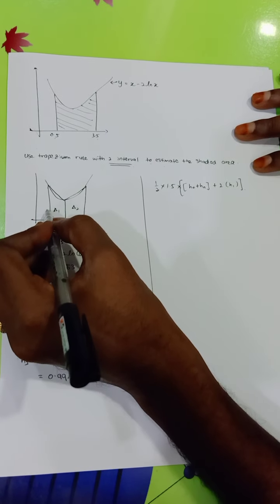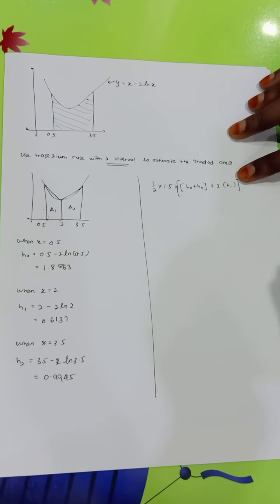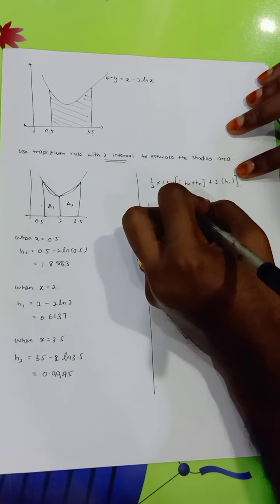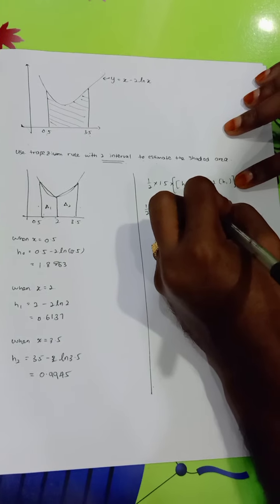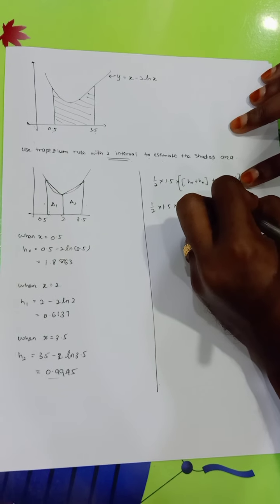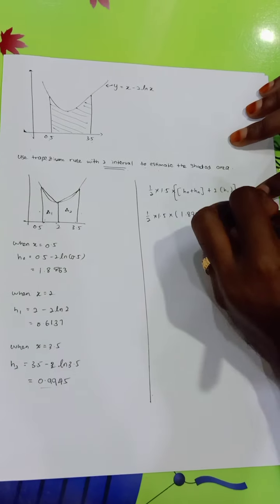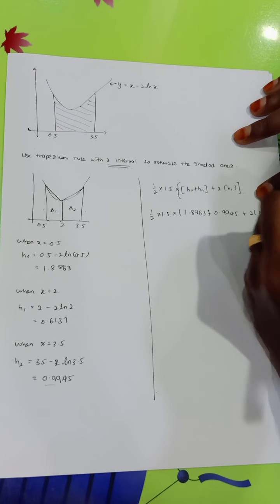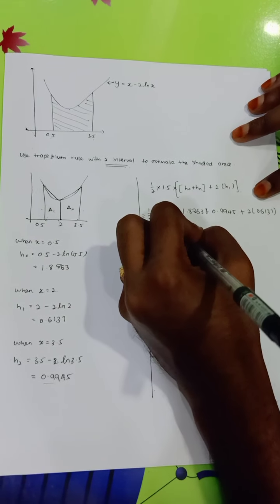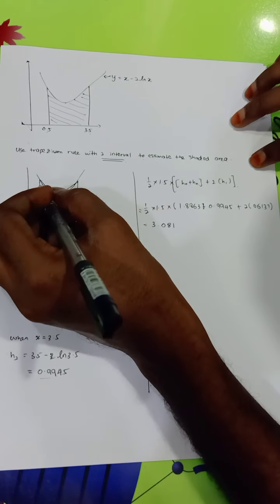The first and last are here, plus the rest of the heights in between. So 1/2 times 1.5 times (1.8863 plus 0.9945 plus 2 times 0.6137). My final answer is going to be 3.081. This will be the area of the trapezium.